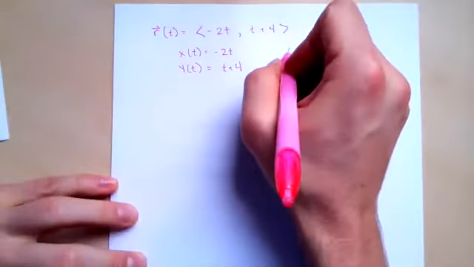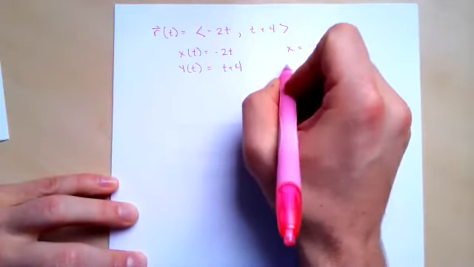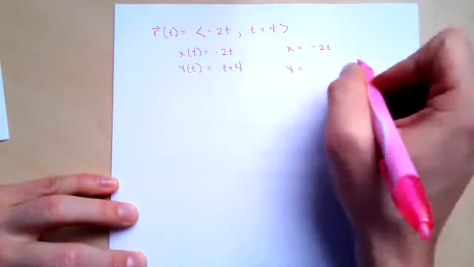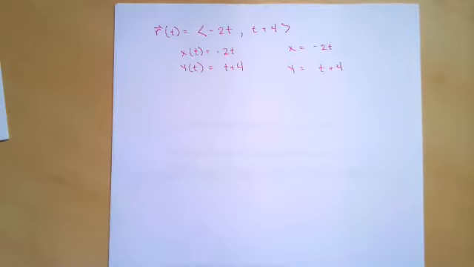Well, we've been doing those skills all along with u subs, and probably have done this quite a bit in pre-calc with linear equations. If I have x is minus 2t and y is t plus 4, we can always take one of the equations and solve for t.